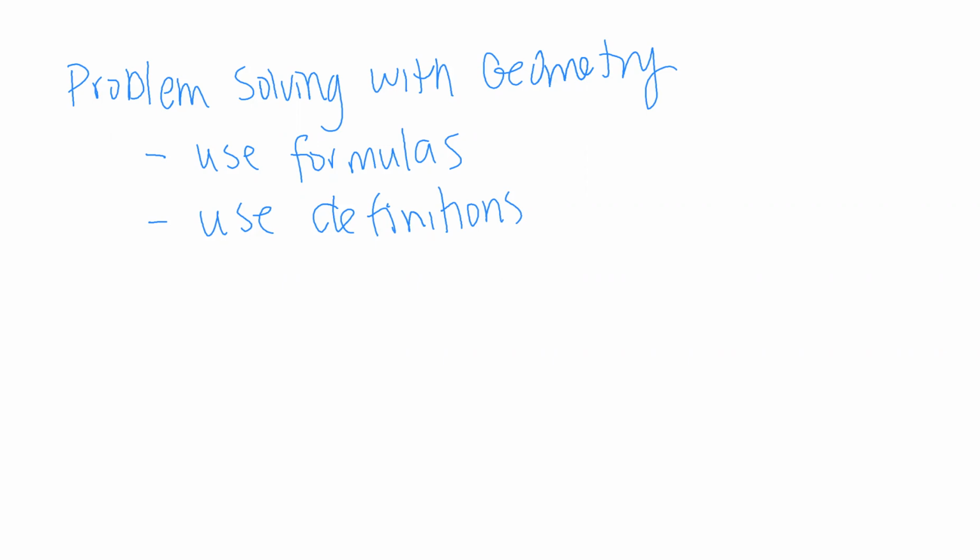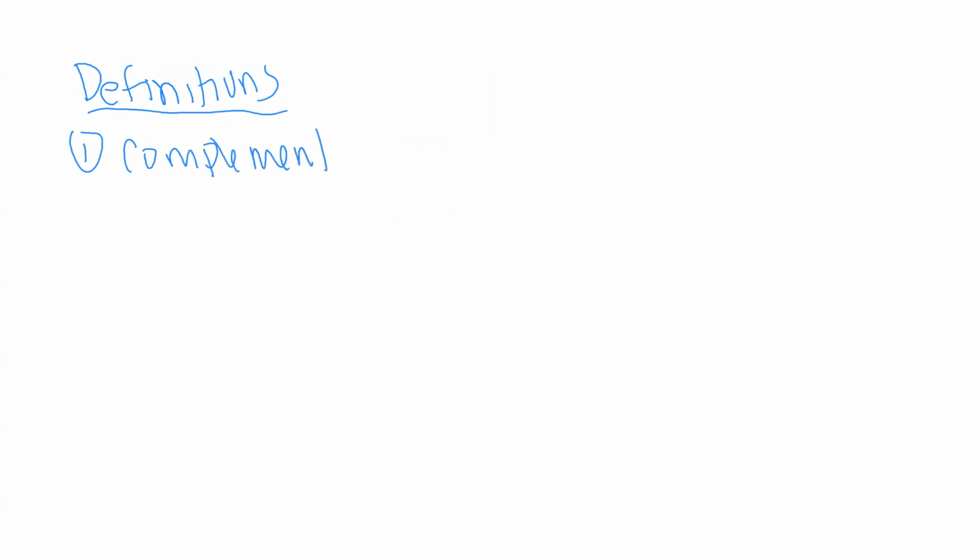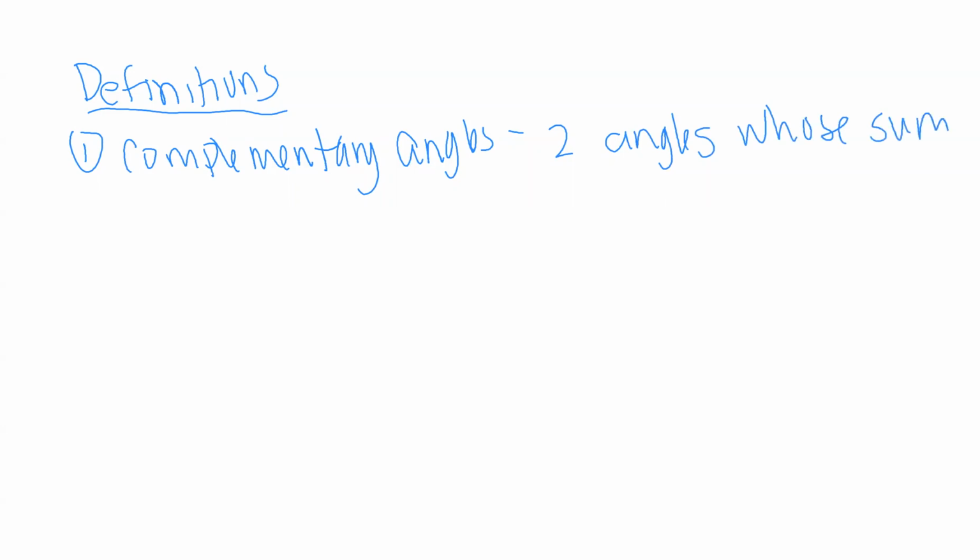So the definitions that you need to know, and you may already know them. The first thing you need to know is what are complementary angles? These are two angles whose sum is 90 degrees. So any two angles, if you add them up and they equal 90 degrees, those two angles are considered complementary angles.